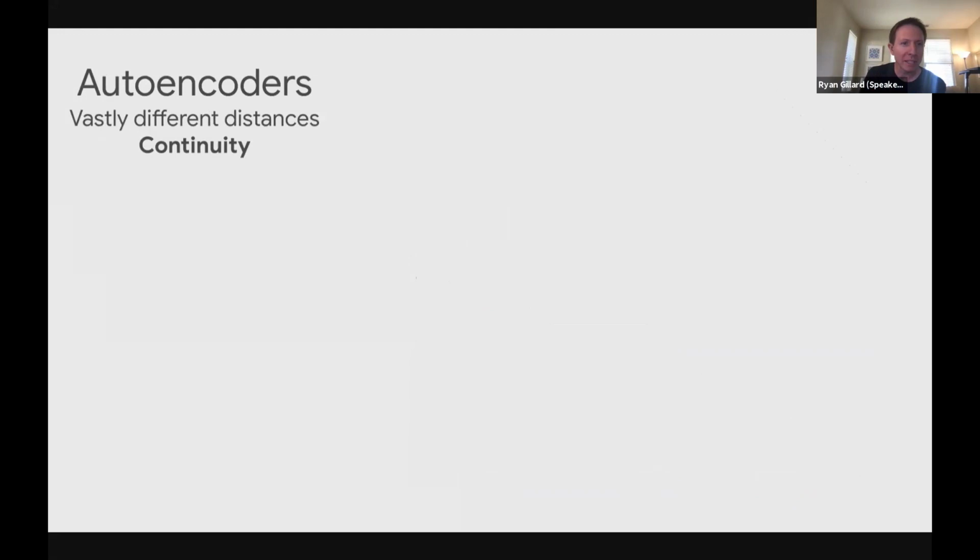So the first problem is continuity. Continuity basically means I want two close points. If I sample two close points in parameter space, they should be very, very close together in image space.